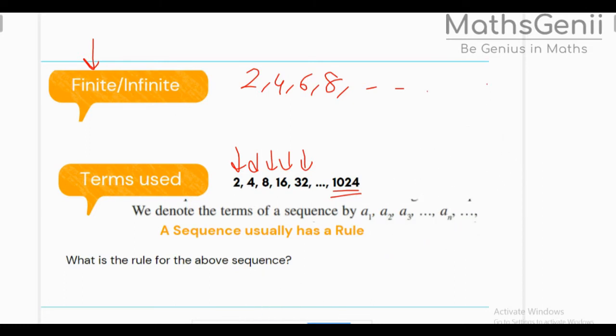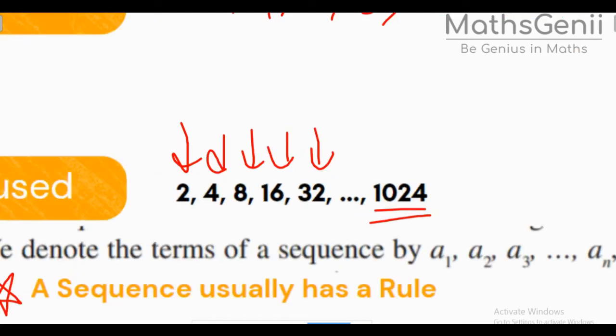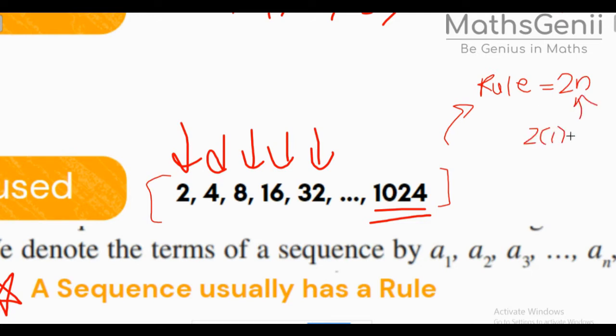Now a sequence usually has a rule, as in it will repeat in a specific pattern. So in the series that you see here, what is the rule? I'll just give you an example. The rule for this series would be 2n. So if you insert 1 here, you'll get 2.